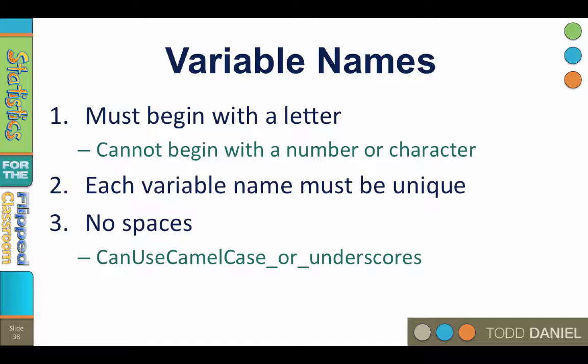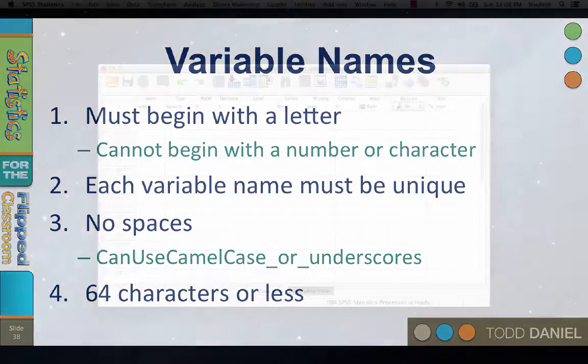Alternately, you can use camel case, also known as camel caps or medial capitals. Camel case is where you type compound words beginning each new word with a capital letter. And finally, the variable name must be 64 characters or less, preferably a lot less. Keep your variable names relatively short.